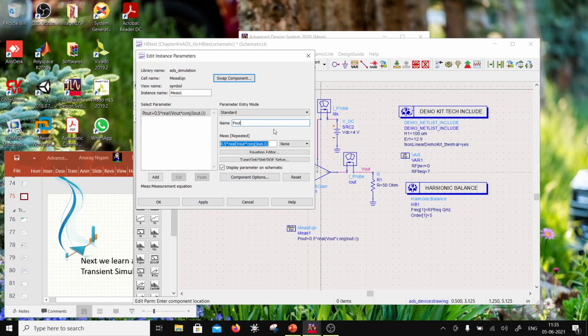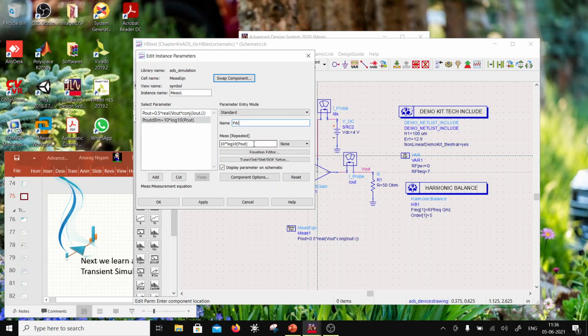Then output power in dBm will be equal to 10 log 10 of P out. Now these are going to be all the mixed components, right? So we have to do the proper indexing, right? And similarly, I can have a PDC.